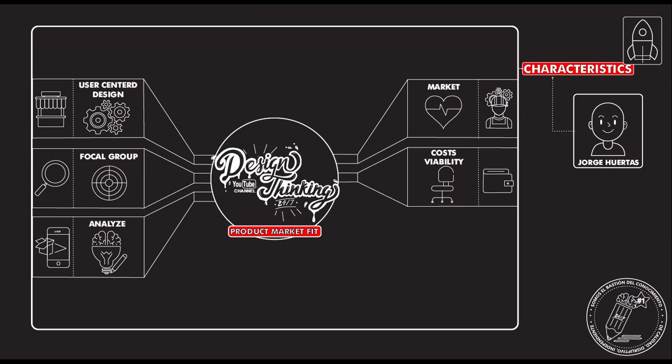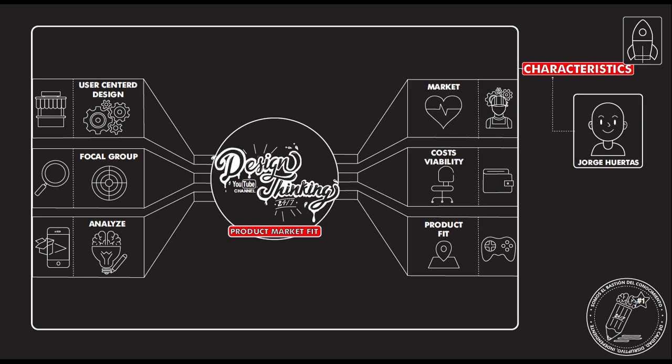It's very important to keep in mind the cost and viability of the development, because maybe people like it but they don't have the money to purchase it, and it could also be very expensive for that fit. So it's very important that you are aware of that and keep it in mind, so the fit that you find for your product or service is well put together in all matters.